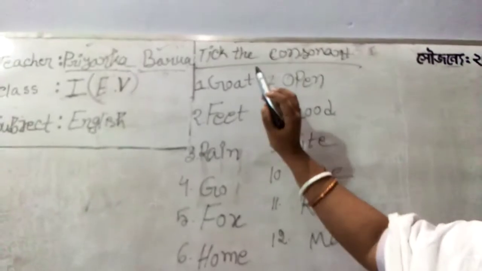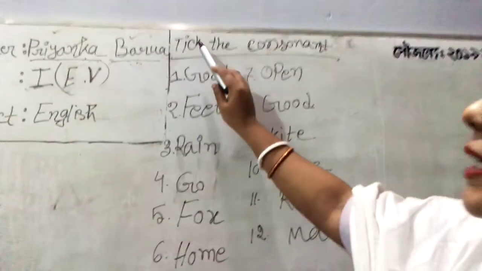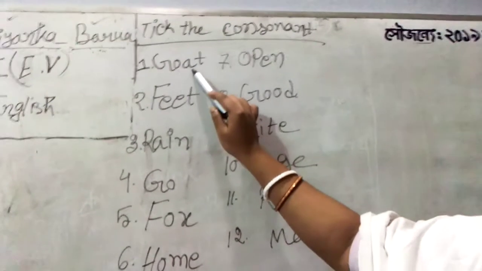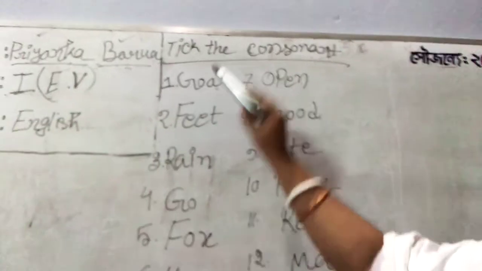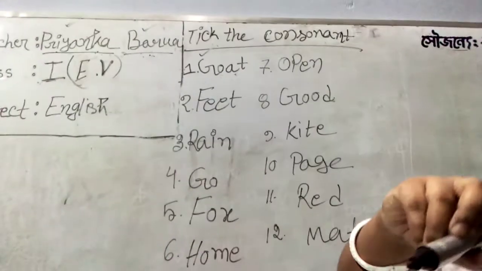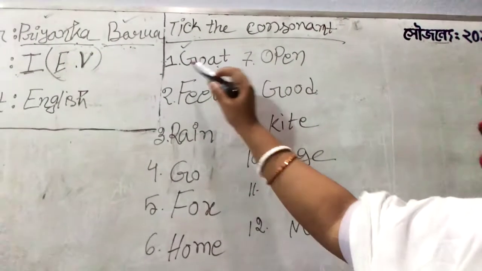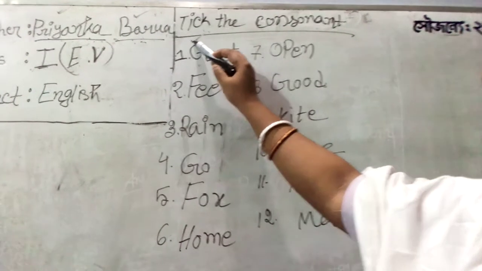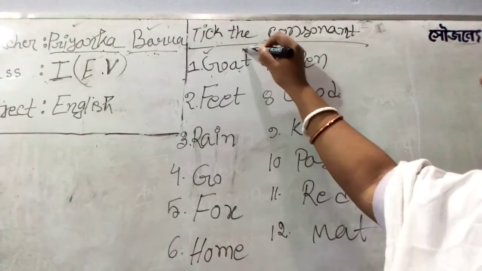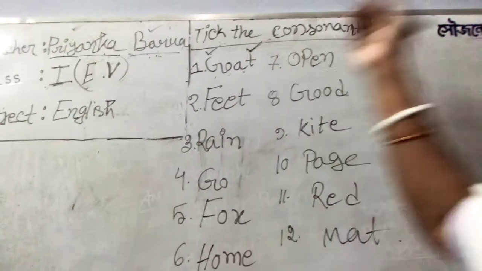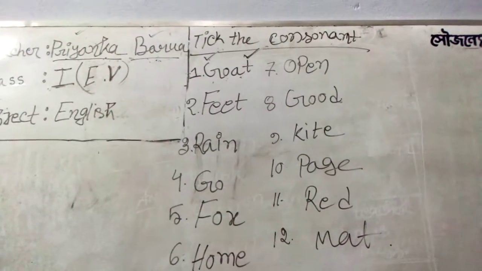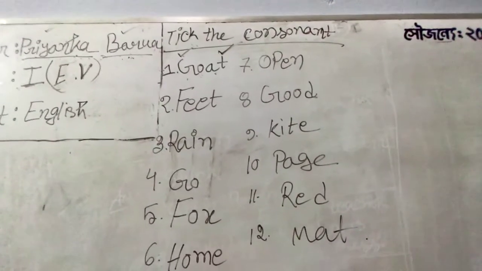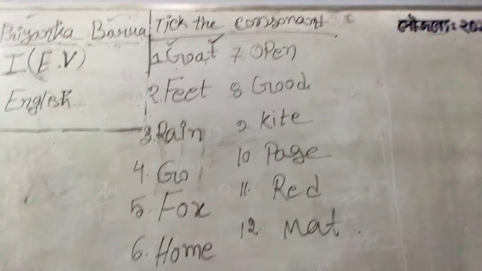Should I tick here? No, I just said tick the consonant, not the vowel. So I can't tick vowels. I should tick G, as it is not in A, E, I, O, U. Is it a vowel? No, it's a consonant, so I put the tick mark on G. Then T. Please do this exercise yourself too. Now coming to number 2.